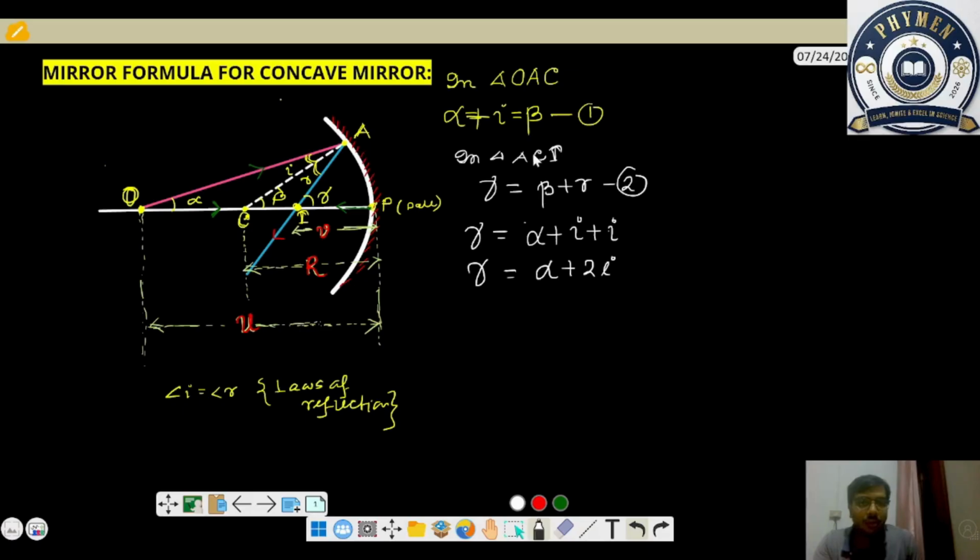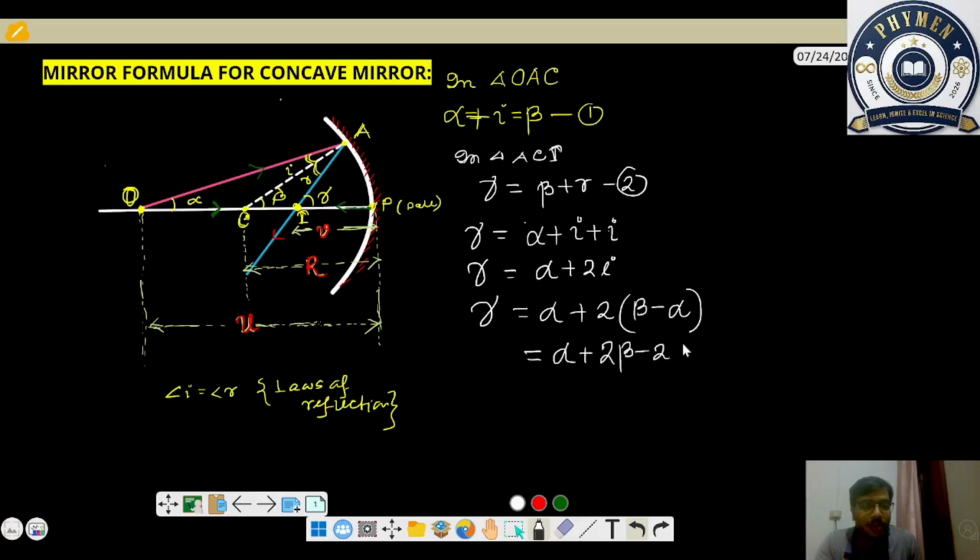If we put the value of I from these equations, we will get gamma equal to alpha plus 2 into (beta minus alpha). So this will give us alpha plus 2 beta minus 2 alpha.